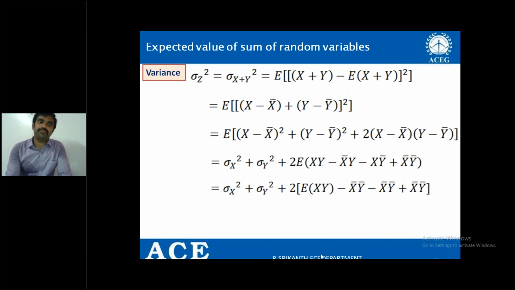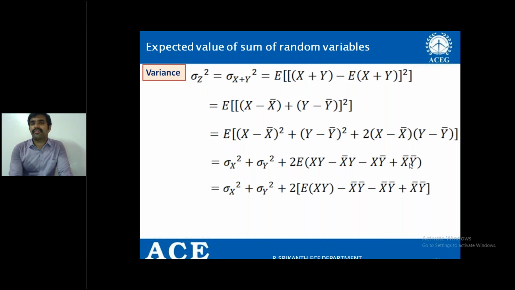Directly, I am writing sigma x square plus sigma y square plus 2 into expectation of xy minus, here if I take the expectation, x bar is constant, therefore x bar into expectation of y, expectation of y is y bar, x bar y bar. Minus y bar is constant, again expectation of x is x bar, into y bar.